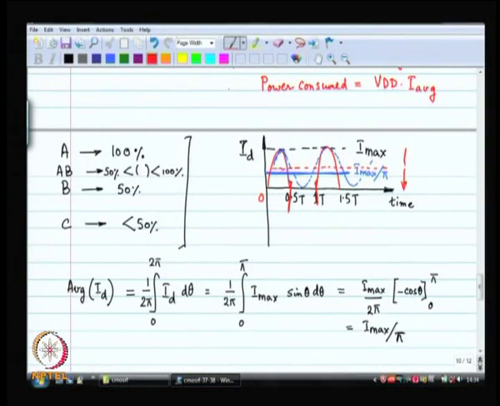So, therefore, all right, let us put it this way. If this is my VDD, if I max times R corresponds to VDD, right, then during this time frame it is going to be off.